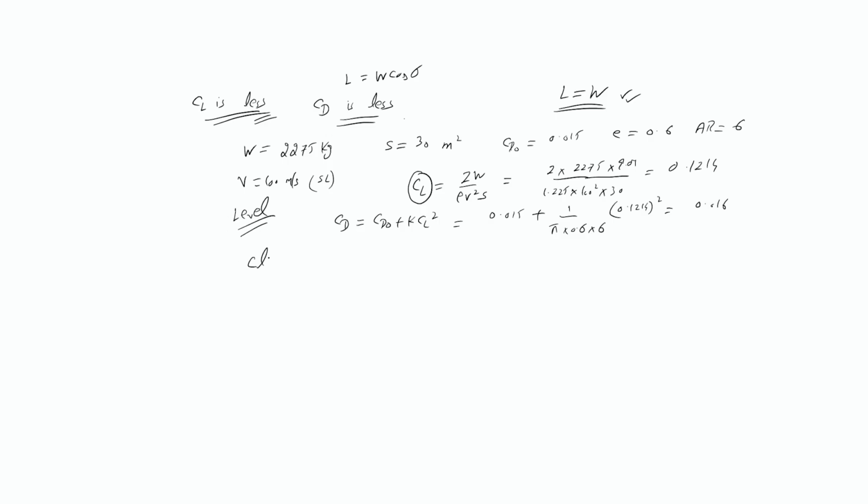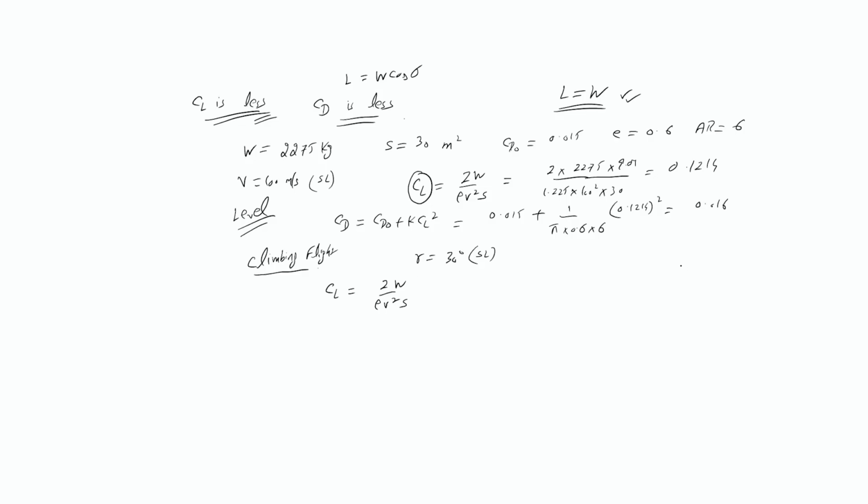What about climbing flight? For example, if the aircraft is climbing, say gamma equals 30 degrees, let us consider 30 degrees to demonstrate our point, again at sea level. Then CL equals 2W by rho V square S. Is this correct? No, this is not correct.